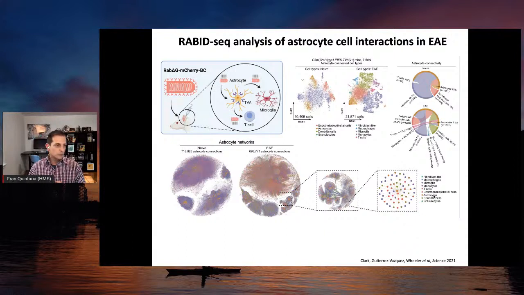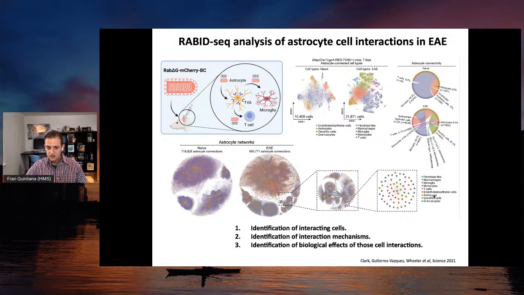However, the moment you induce EAE, additional interactions are established, not only with other cells of the CNS, but also with cells recruited to the CNS in the context of inflammation. Not only do we change in the context of inflammation the cells with which astrocytes are interacting, we also change the mechanisms used to mediate those interactions.